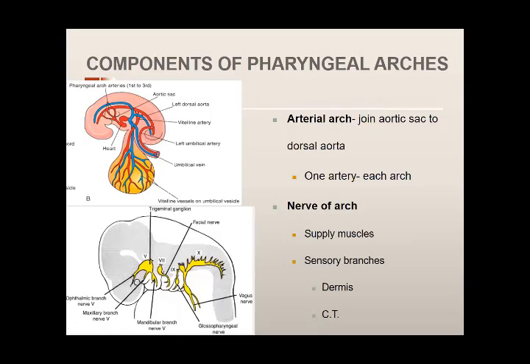The pharyngeal arch muscles we just discussed a few seconds ago. Pharyngeal arch muscles are supplied by the nerve of the arch, of the same arch. Third pharyngeal arch का जो muscle है, it will be supplied by the nerve of the third arch. ये नहीं होगा कि third pharyngeal arch का muscle है, nerve supply second से आ रही है, ऐसा नहीं होगा. जो arch है number, उसका जो muscle है वो उसी arch की nerve से supply होगा.